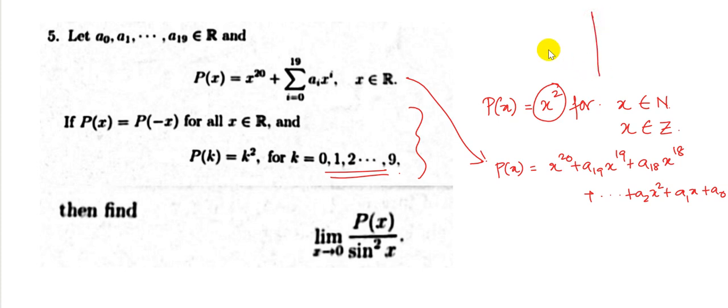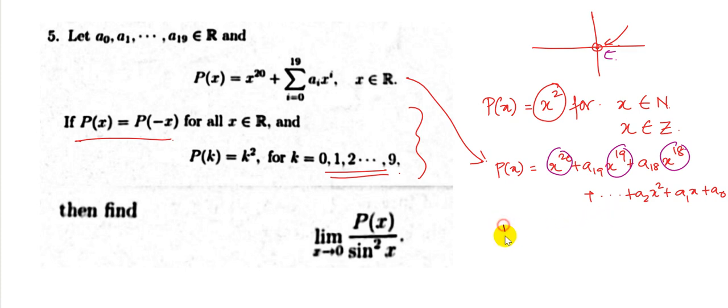Now when I am approaching 0 from both sides, since it is symmetric on both sides, I can take any one side. So when I am approaching from this side, as x approaches 0, the terms of higher order x20, x19, x18, etc. become insignificant.